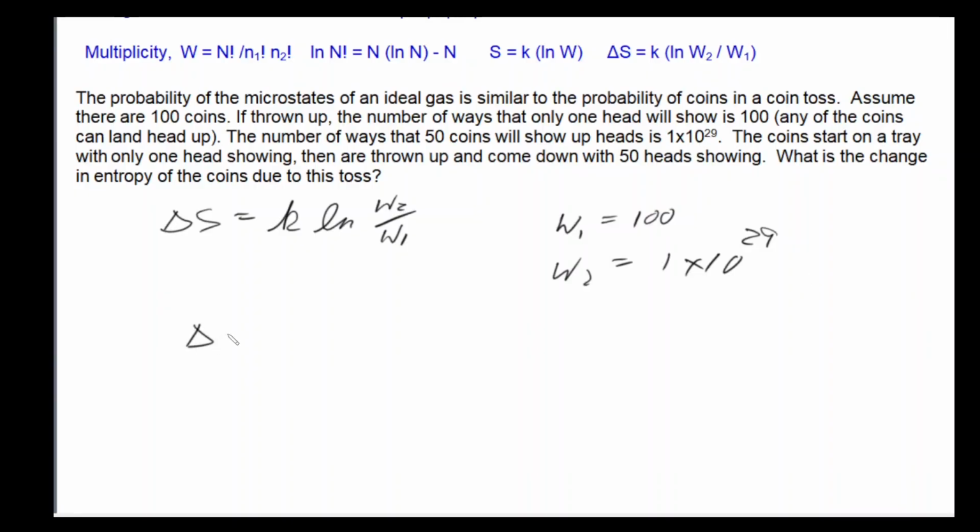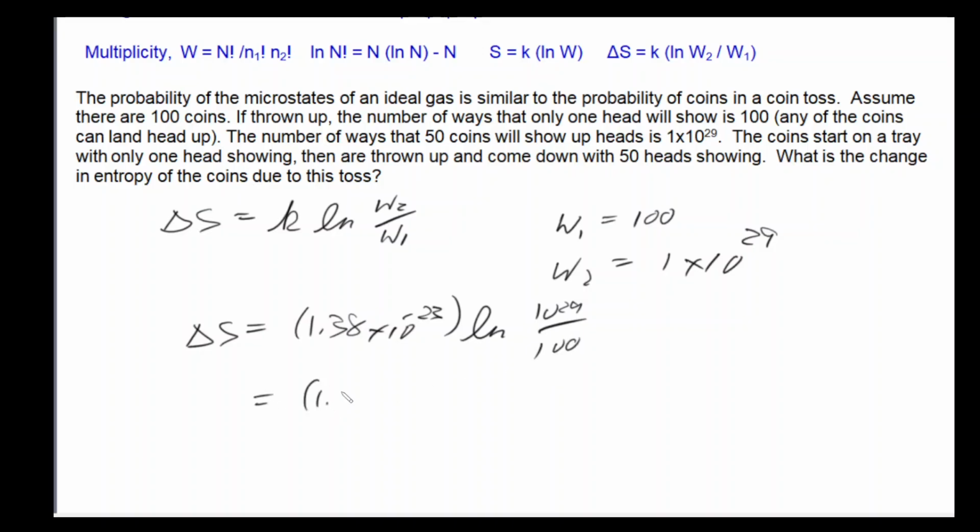So if we plug that in, delta S is equal to, well, K is 1.38 times 10 to the minus 23rd times the log of 10 to the 29th over 100.